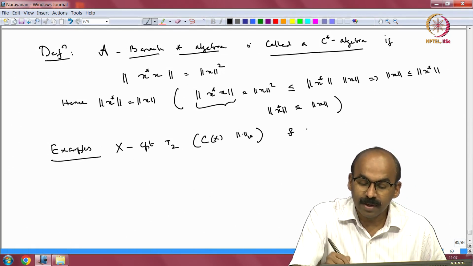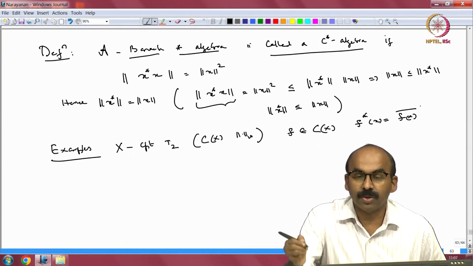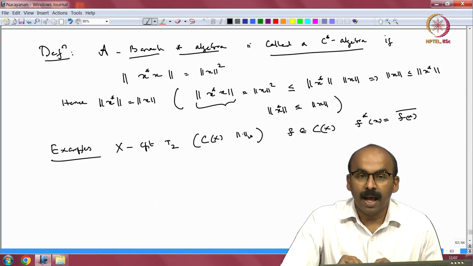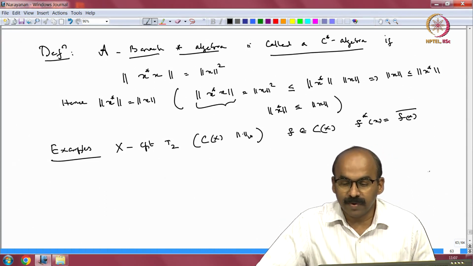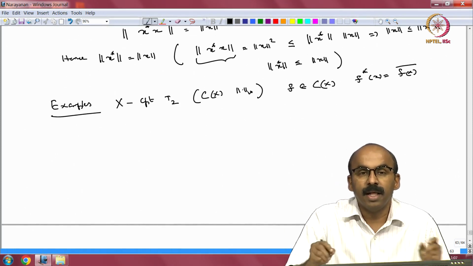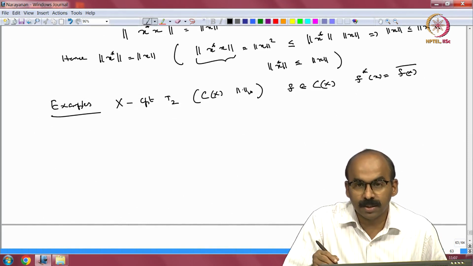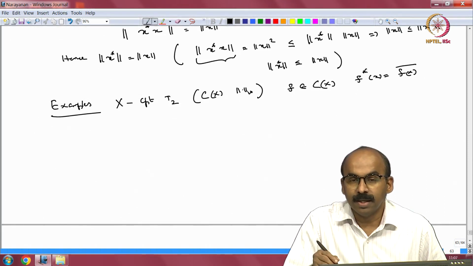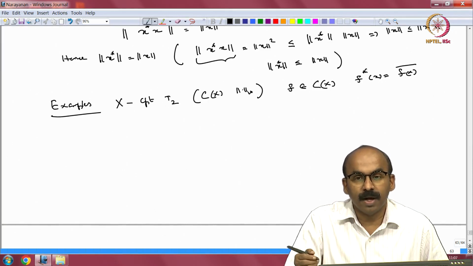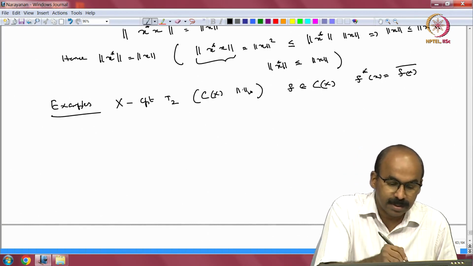If I take f in C of X, the involution is f star at x equal to f x bar, the complex conjugate, that is the usual star there, and then you see that it satisfies the C star algebra identity. What is the C star identity? The norm of f times f star, that is the supremum norm of mod f square, is the same as the supremum norm of f squared. That is precisely what the C star identity is.